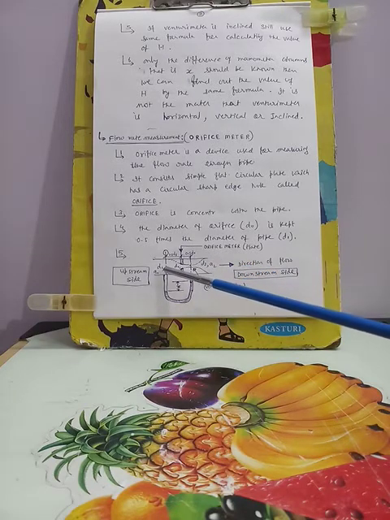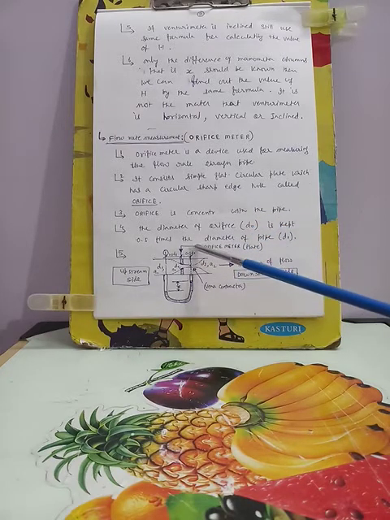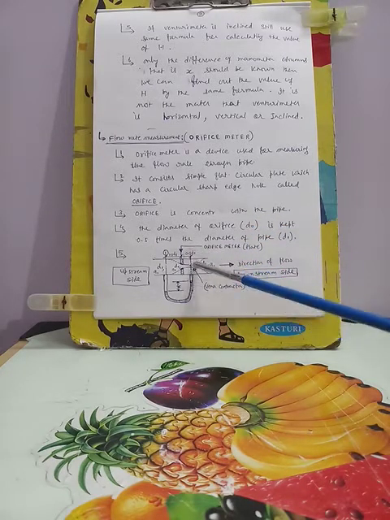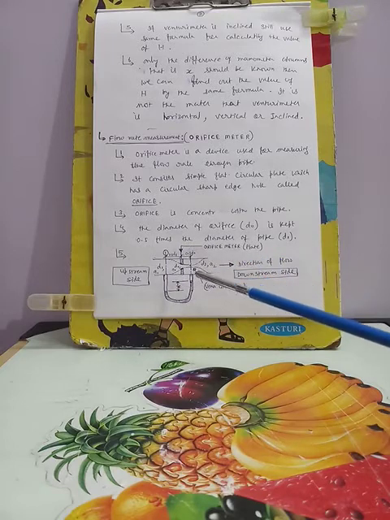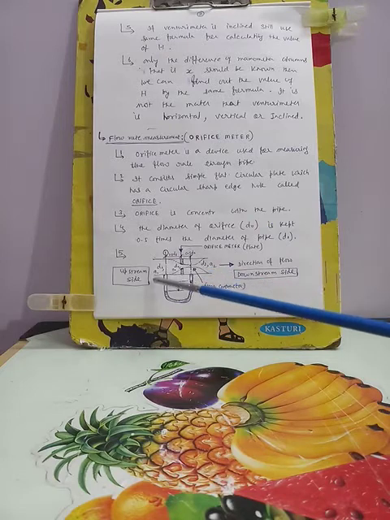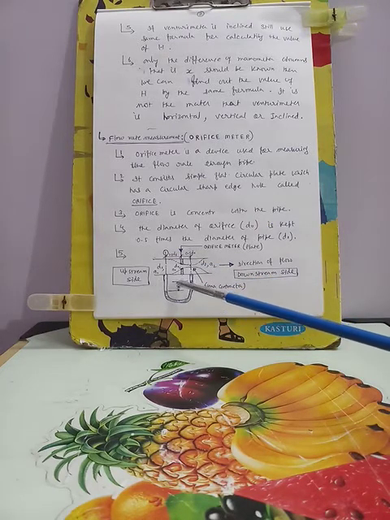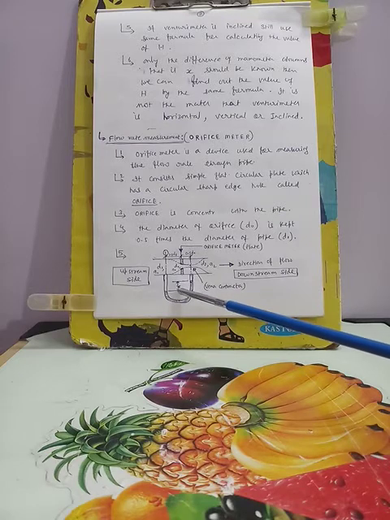This is section 2. That's why we have fitted this U-tube manometer, and x is the difference of the column of the U-tube manometer.